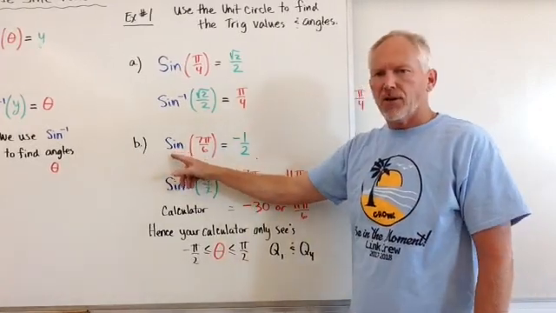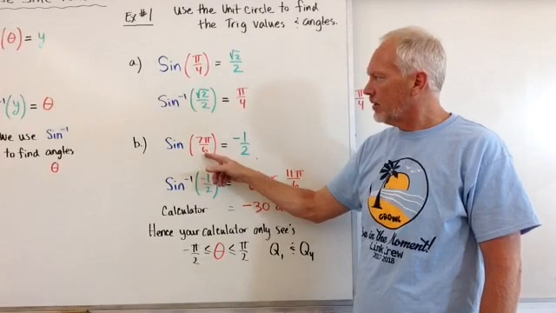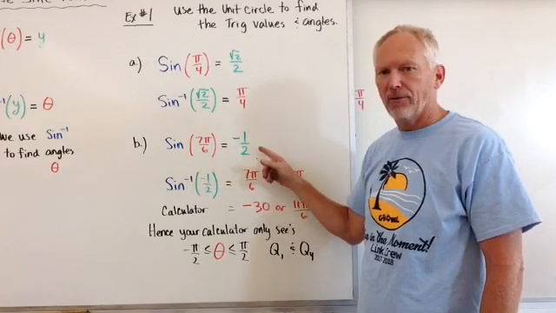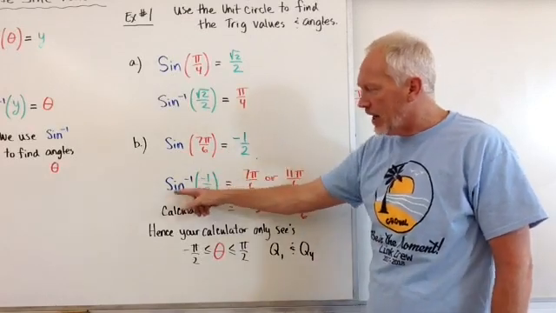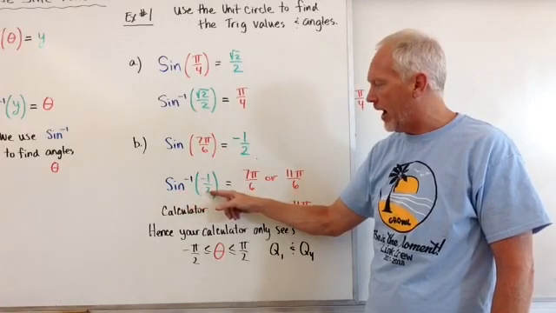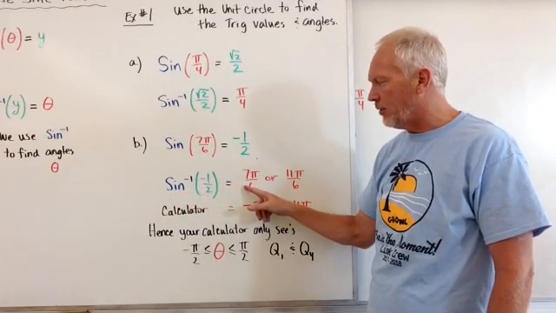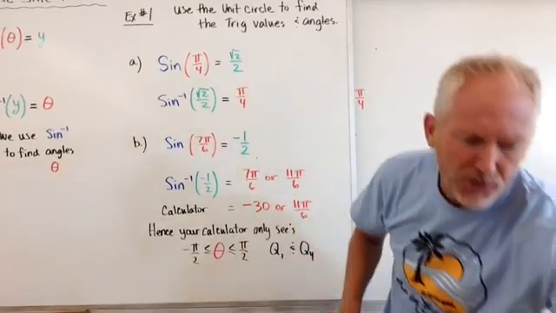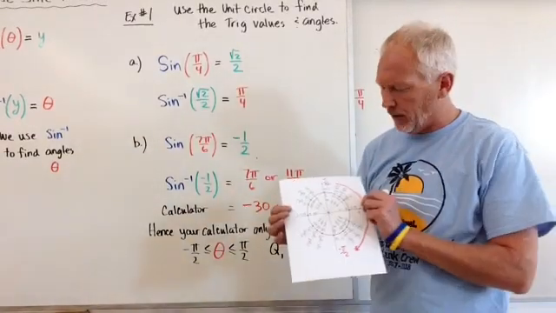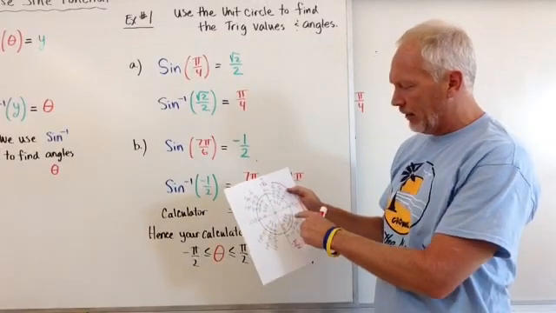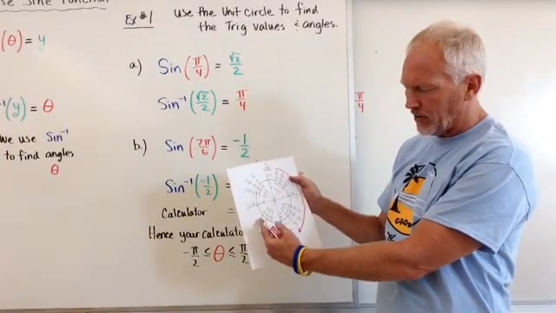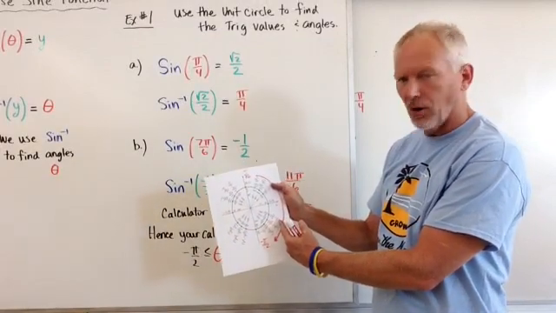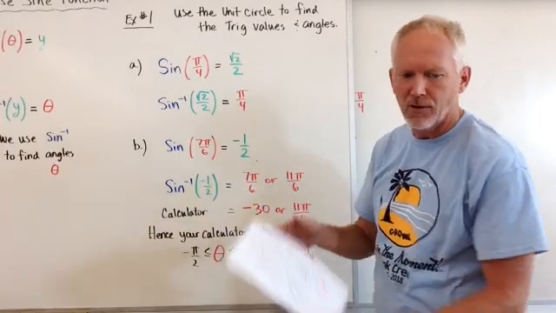Let's try another one. The sine of 7 pi over 6, right, is negative 1/2. Therefore, the inverse sine of negative half should be 7 pi over 6. But if you know your unit circle also, then you know that if I go find negative 1/2, well, that's 7 pi over 6, but it also occurs over here at 11 pi over 6.